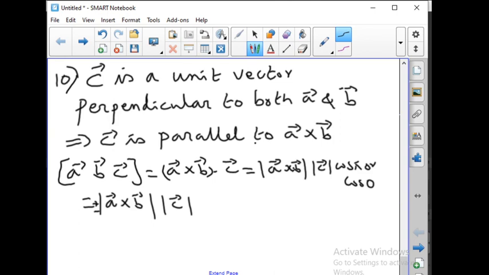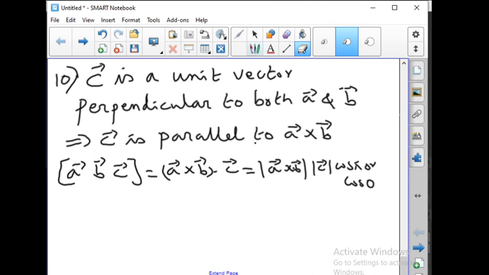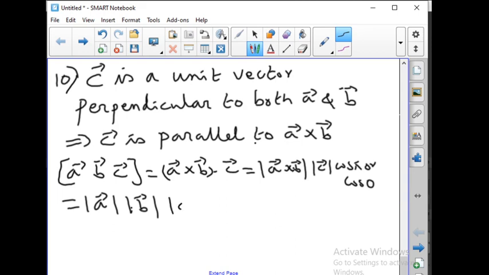So, this is equal to modulus of A into modulus of B into modulus of C into sin pi by 6, because the angle between A vector and B vector is pi by 6, and this plus or minus we take because of cos pi or cos 0.